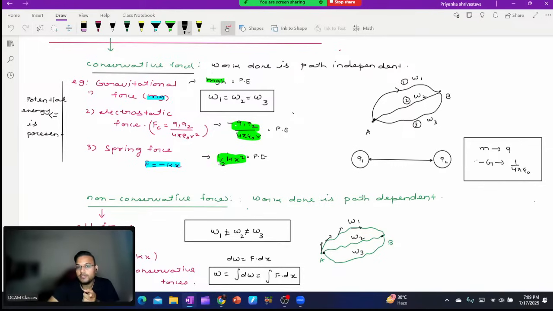Do you remember? Potential energy in a spring is half kx square when it is expanded or compressed, and mgh is the potential energy for gravity.